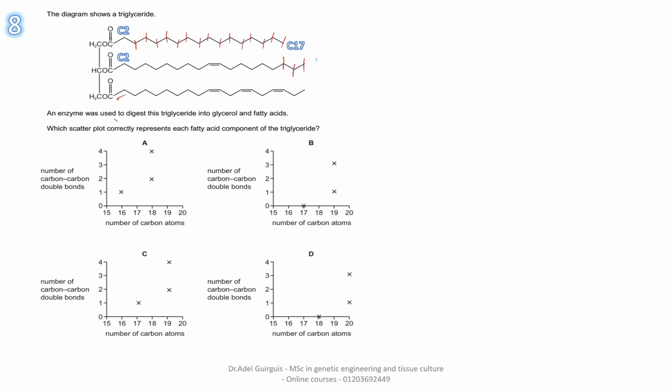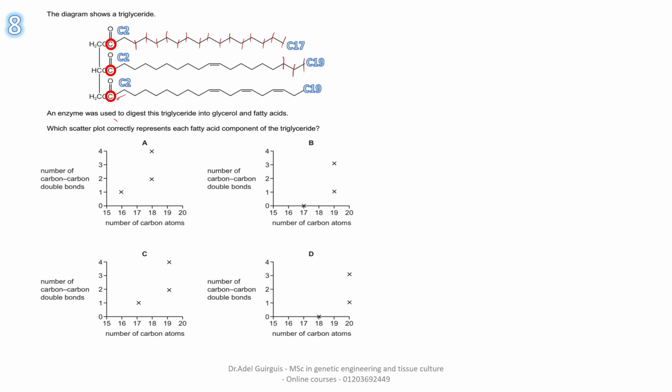So the total number equals 19. The third fatty acid also has 19. Where is number 1? Here, carbon number 1. Now we have solved the number of carbon atoms in each fatty acid, the x-axis in all graphs.